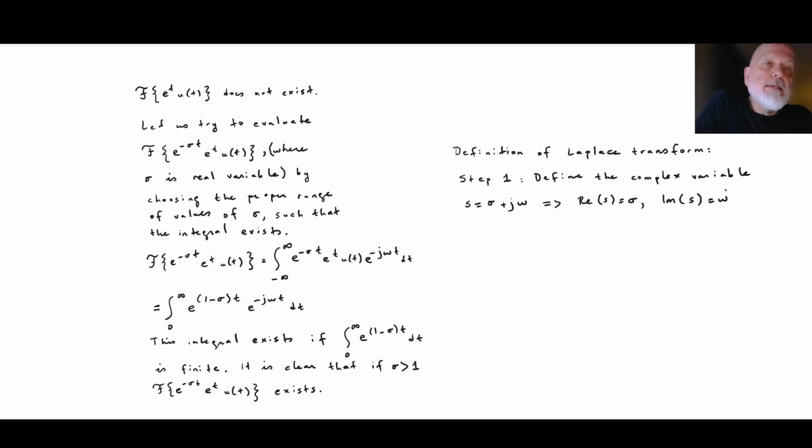Instead of calculating the Fourier transform of a signal directly, calculate the Fourier transform of the signal multiplied by e to minus sigma t and choose the range of values of the variable sigma, such that the integral converges.